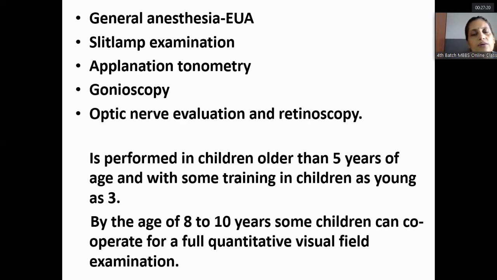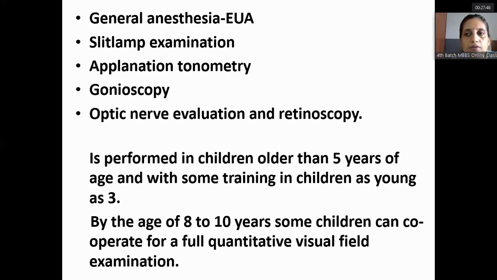What we have to carry out is general anesthesia, that is, examination under anesthesia; we cannot examine the child like this. Slit lamp examination is very important, and we have a portable slit lamp also. So in examination under anesthesia, with the help of the portable slit lamp, we can see, and applanation tonometry is done.